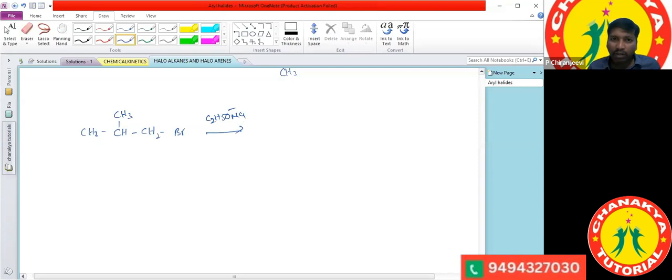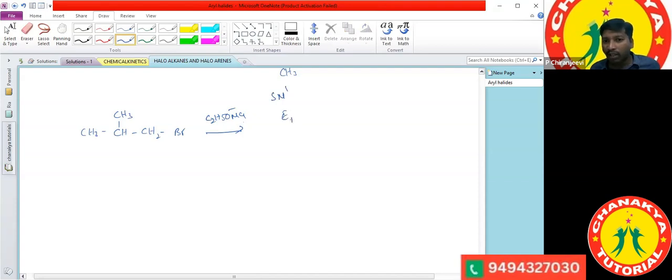Now only we told that it is E1CB elimination reaction. If it is an elimination reaction, what is the product it forms here? E1 elimination reaction also follows the SN1 mechanism.